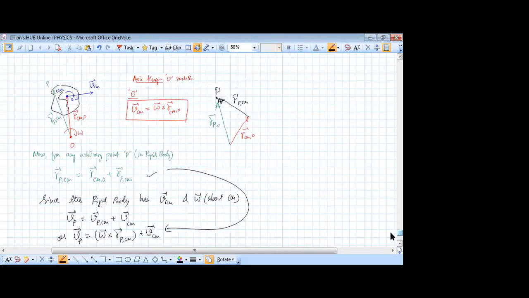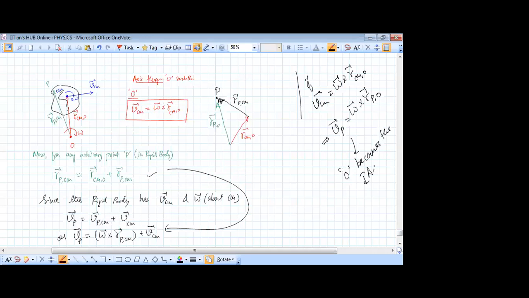So this is one of what we call the rigid body theorems. The 4 rigid body theorems in all in rotational mechanics, important ones. And this is one of the rigid body theorems: if we can define a point such that VCM is equal to omega cross R of the center of mass with respect to some axis O, then it automatically implies that any other point also has a velocity given by omega cross R of that point with respect to O. So that point becomes the instantaneous axis of rotation.